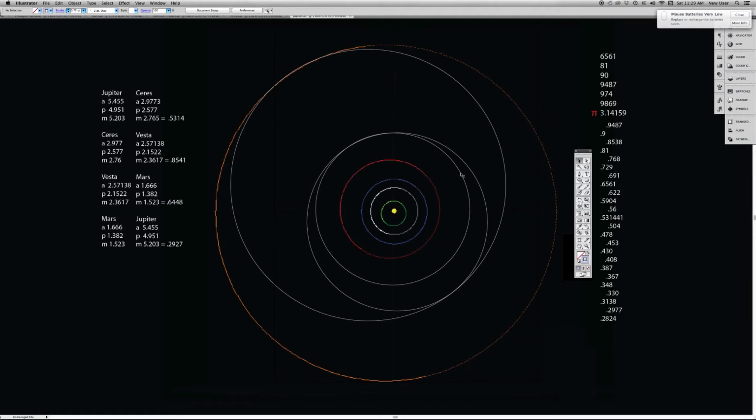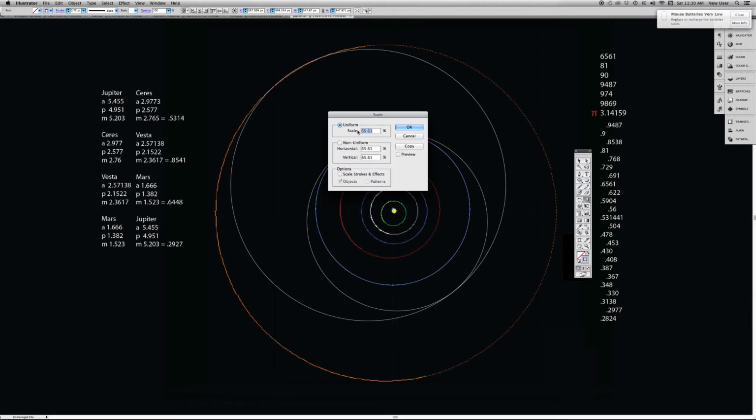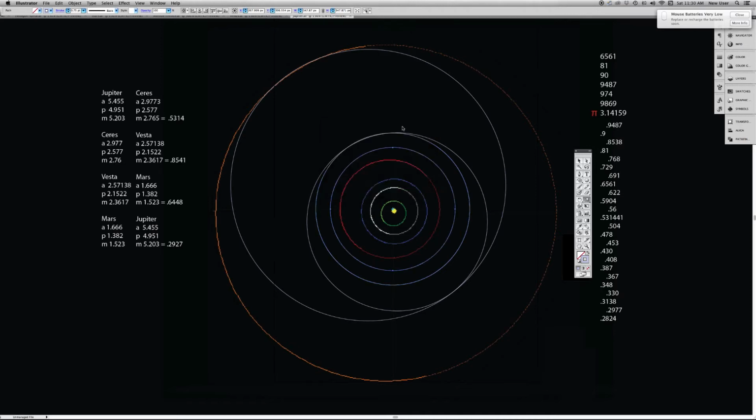And to get a transfer orbit from Vesta to Mars, we'll try an 8.1. Yeah, which is fine. But that's a transfer circle between Mars and Ceres. Vesta doesn't have another circle touching it there, so it's a subsidiary orbit.